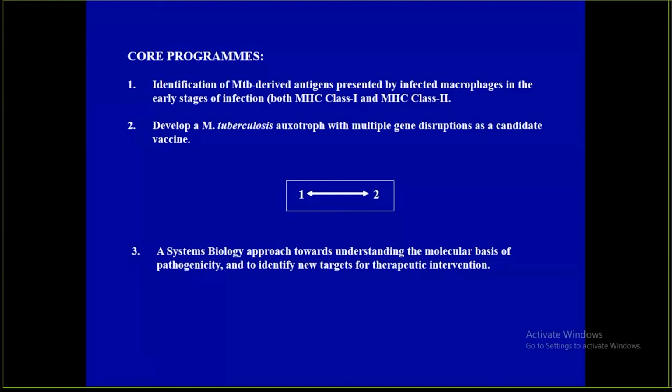In the very first objective, there is a phrase on early stages of infection. Philosophically, we thought that, if you look at the natural history of tuberculosis, almost everyone in India gets exposed, but not everyone comes down with disease.